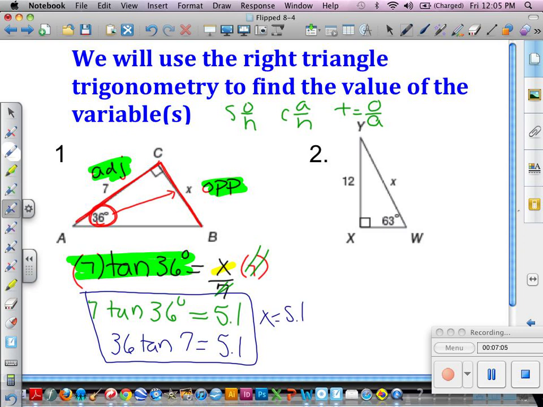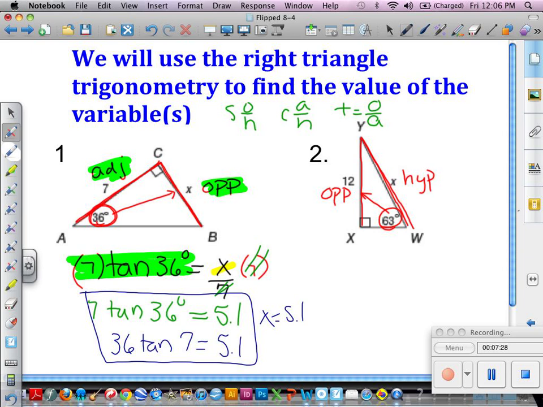Let's take a look at number 2. I'm looking for the hypotenuse, and I'm given the side, the leg 12. So 63-degree angle, so across from the 63 is 12, so that would be the opposite. X is the hypotenuse.